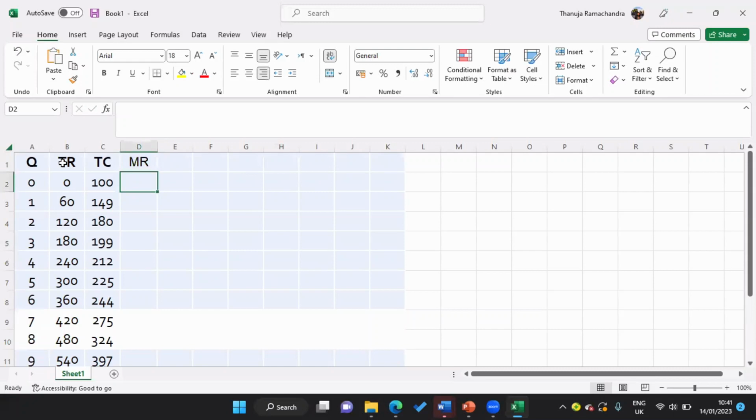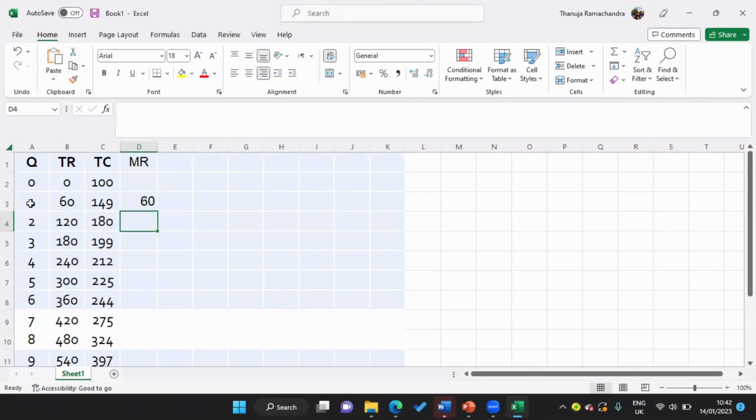MR is basically the change in the revenue due to the change in output, right? So here it's of course 0. This is 1. So 0 becomes 1, so 1 unit additional gives 60 additional revenue. 60 minus 0, so therefore it is 60, right?